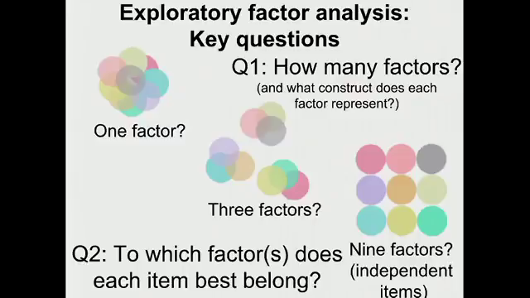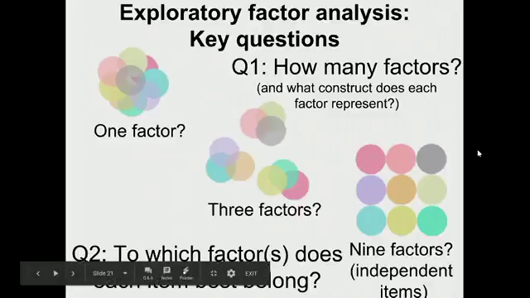So the first question you're trying to answer when you do a factor analysis is how many factors best represent the data. And as I said, it can be anywhere between one factor or as many factors as there are items. So what these circles represent is 9 separate items.